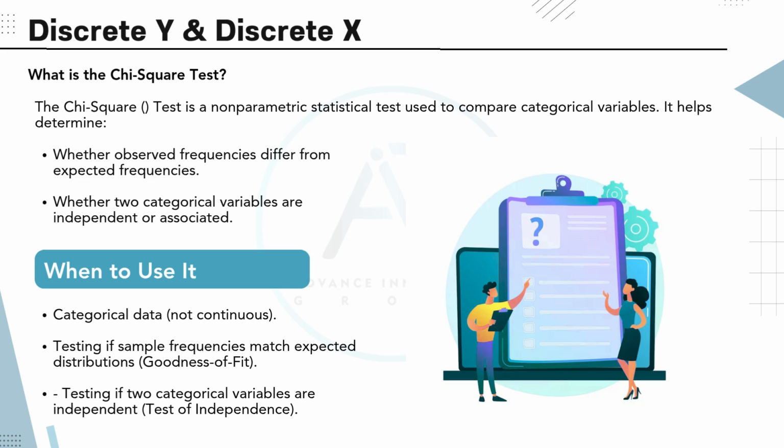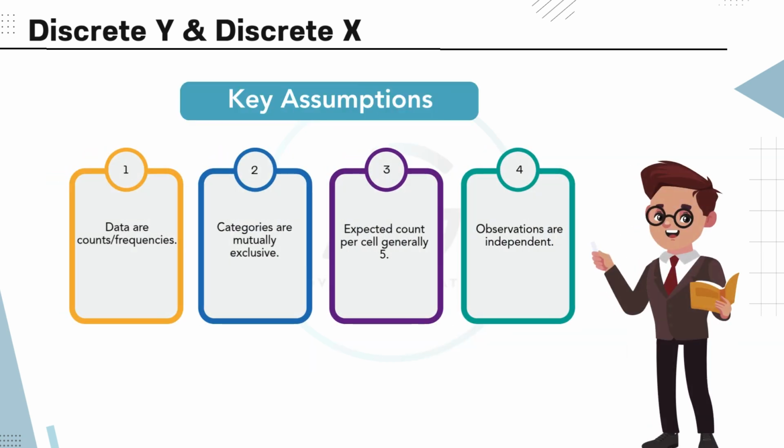Keep in mind, chi-square is a foundational tool in data-driven decision-making, particularly when your data isn't numerical in nature, but rather grouped or labeled. Before we run a chi-square test, we must ensure certain assumptions are met to make the results statistically valid and reliable.